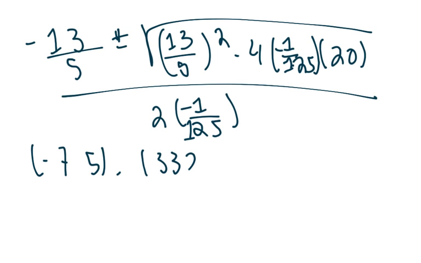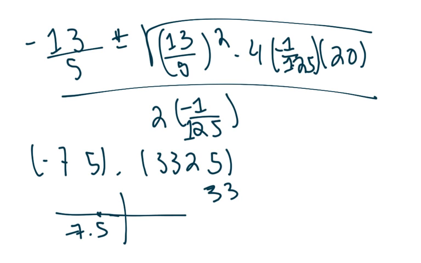And then if we graph this, we get a parabola with negative 7.5 over here, and then 33.25 over here, and it looks a little something like that.